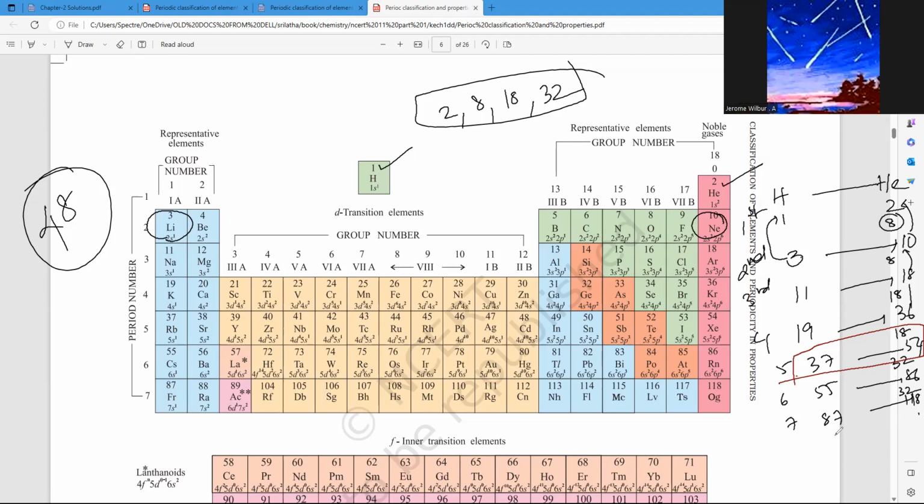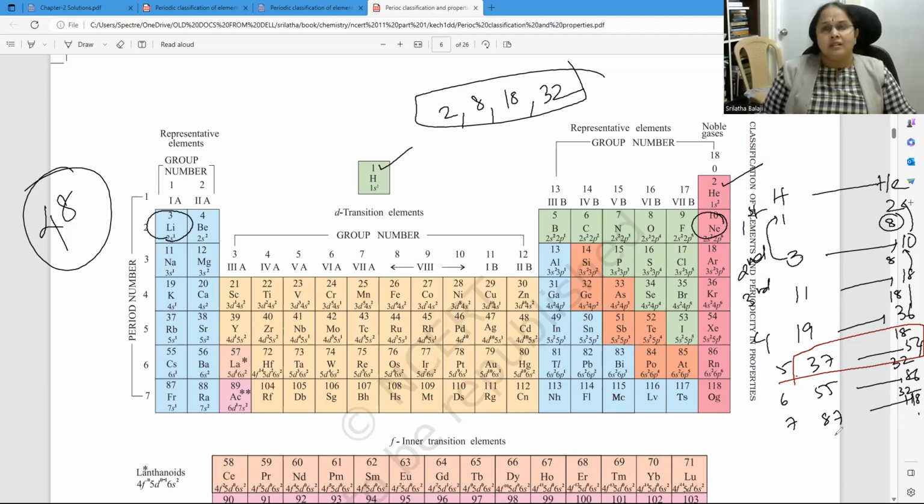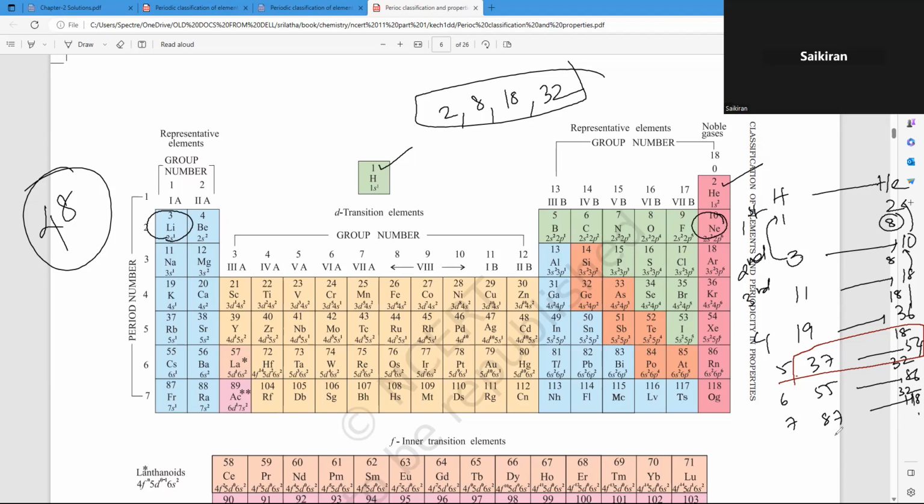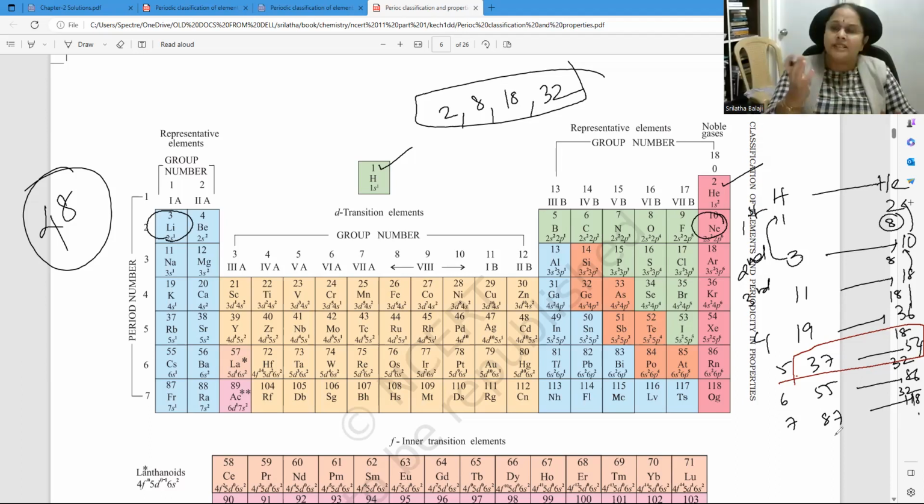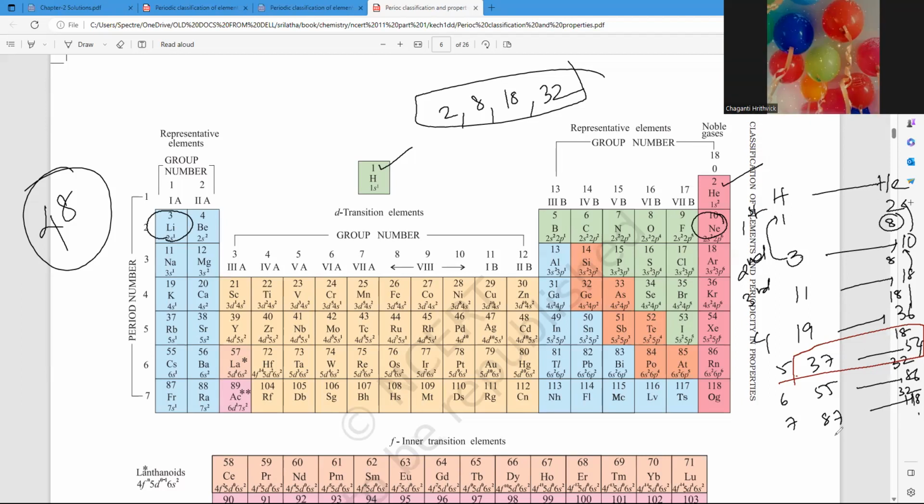Good. So which period? The 7th period. Can you see now? Atomic number 56: yes, sixth period.